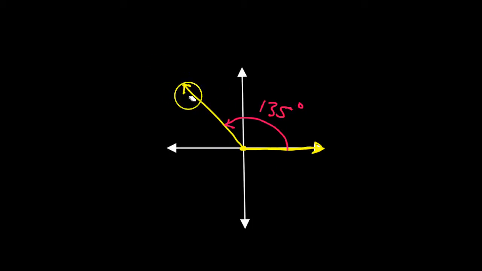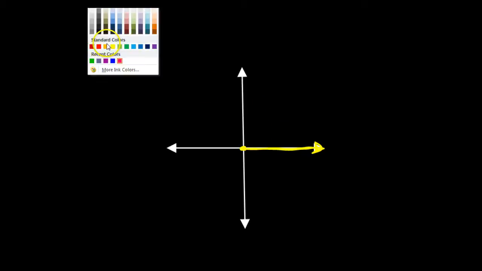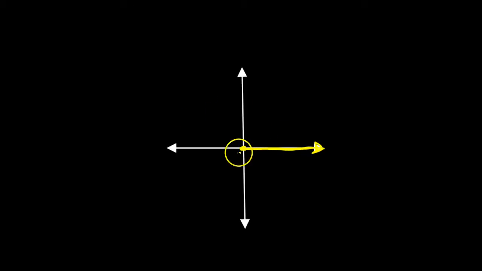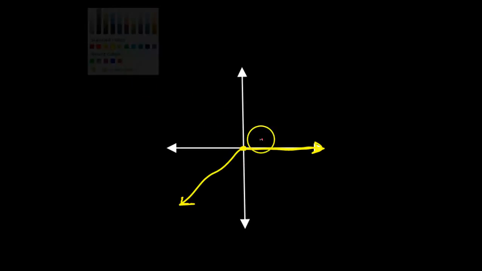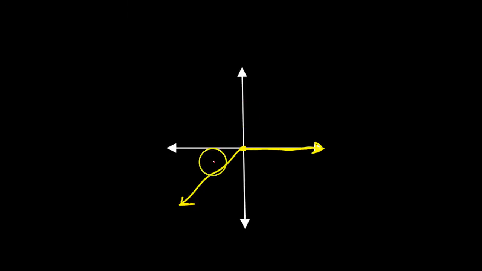If we went the other way, still using this as the initial side, but if the terminal side was here, so imagine that instead of going counterclockwise, we rotated clockwise. This would be negative 135 degrees.